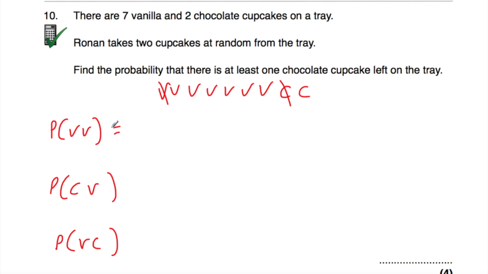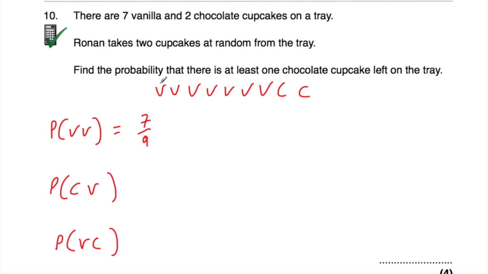So let's find the probability that Ronan takes a vanilla and vanilla. So actually let's put those other ones back in there. So let's just put that vanilla and that chocolate one back on the tray. Okay, so we've got a tray with 7 vanilla and 2 chocolate cupcakes. So the probability for vanilla and then another vanilla. The first one being vanilla will be 7/9, because there's 7 vanilla cupcakes out of the 9 cupcakes altogether.